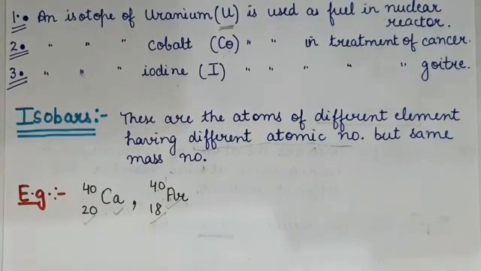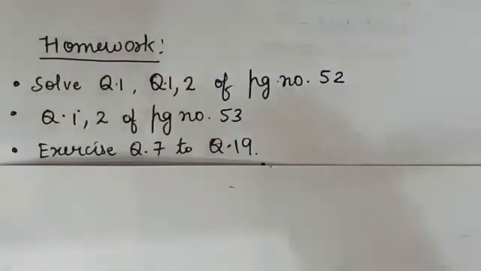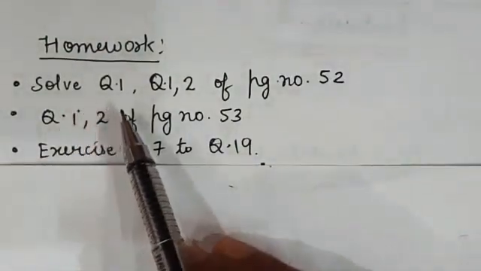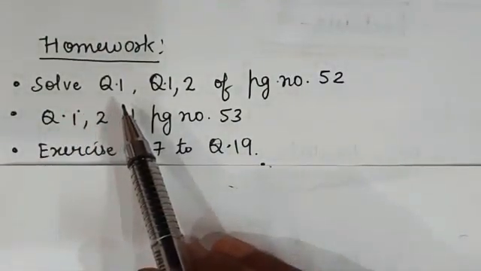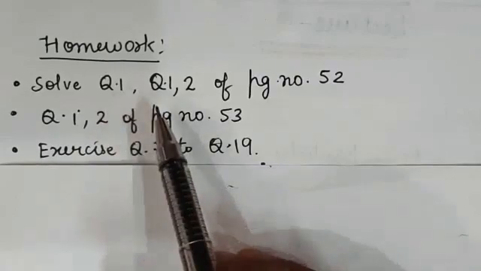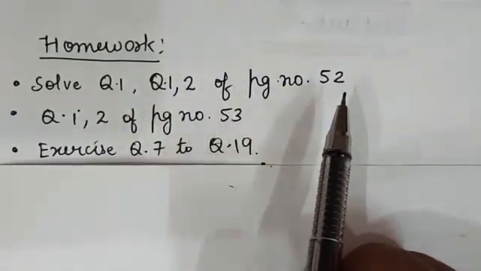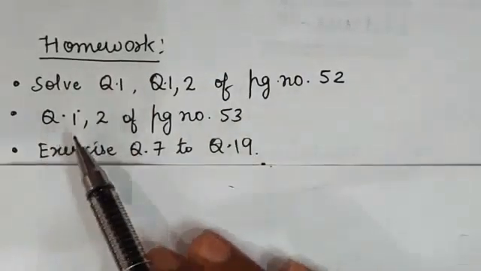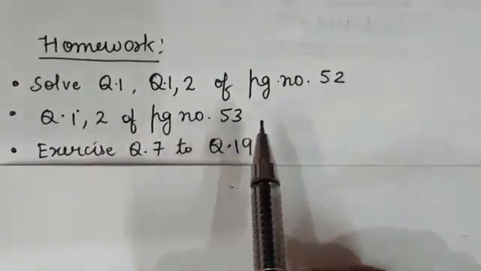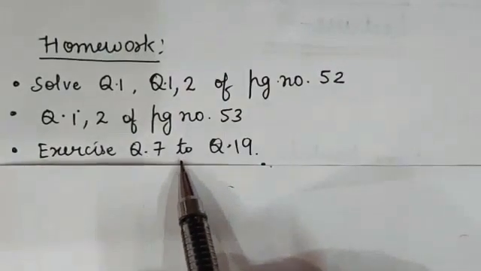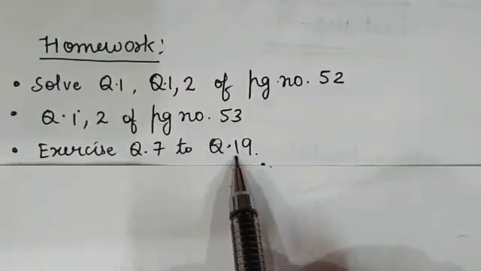I hope you all are clear with every topic of this chapter. So what is your homework? You will solve question number 1 of column 1, question number 1 and 2 of column 2 given on page number 52, question number 1 and 2 given on page number 53, and exercise question number 7 to question number 19.